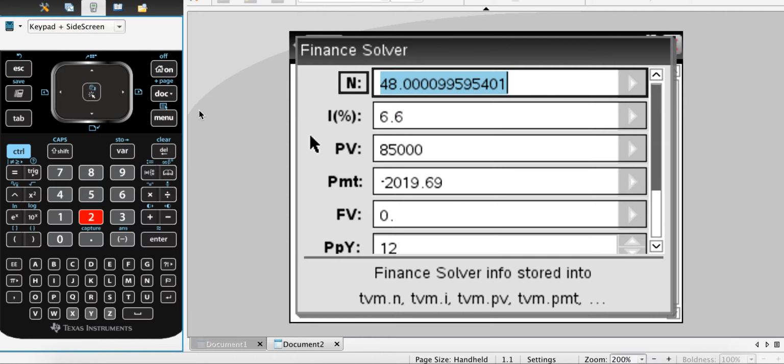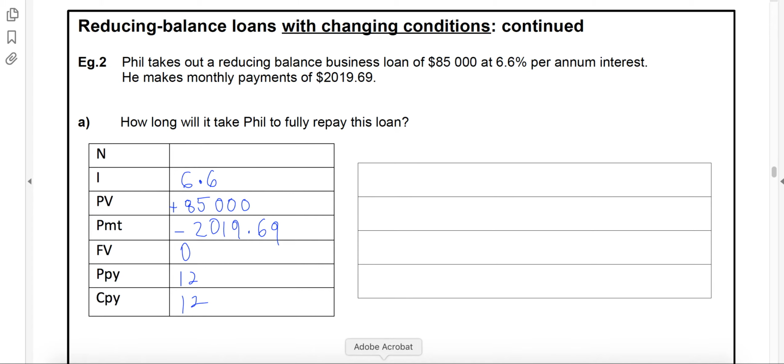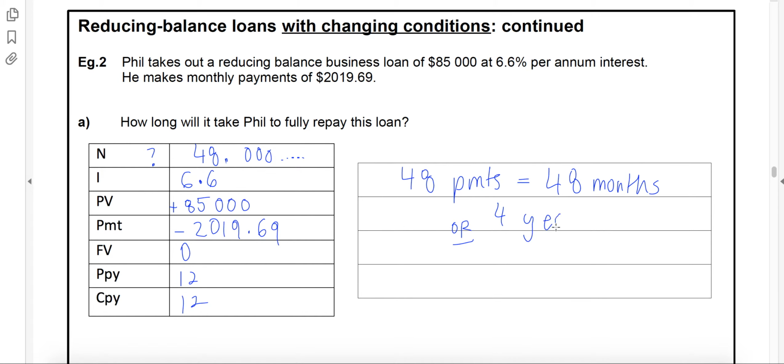So as you can see, 48 payments. So it's come out quite nicely. 48.00, etc. So we'll be rounding that off. It's 48 payments, which is 48 months. And of course, we divide that by 12 for years. We get 4 years exactly.